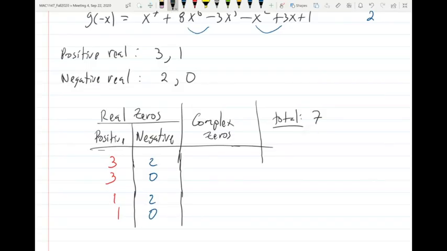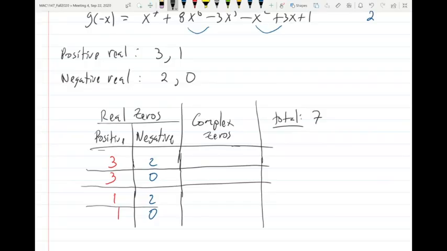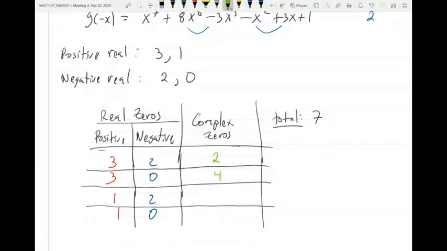Now in each of these outcomes, let us figure out how many complex zeros we're going to have. In the first outcome, 3 positive and 2 negative, how many complex zeros are left? 2. Good. In the other outcome, 3 and 0, how many complex zeros? 4. Good. Then the other one, 4 as well, and the other one, 6.